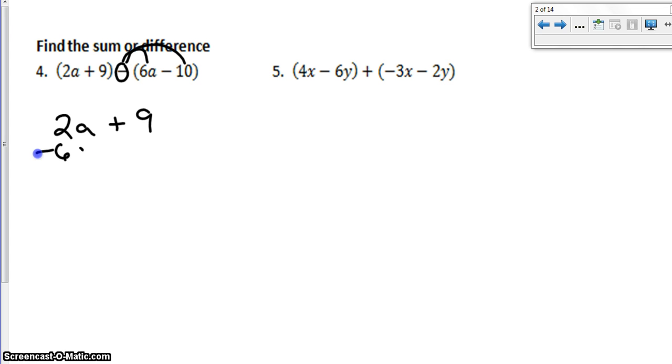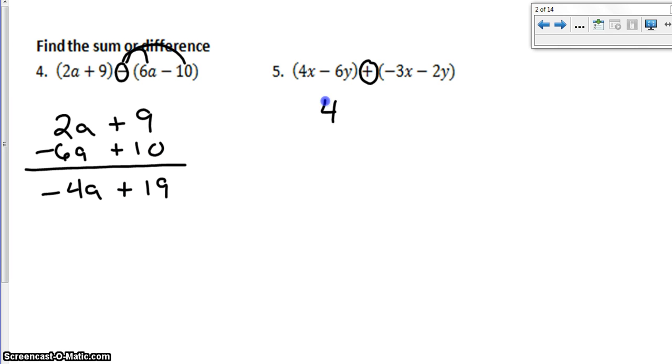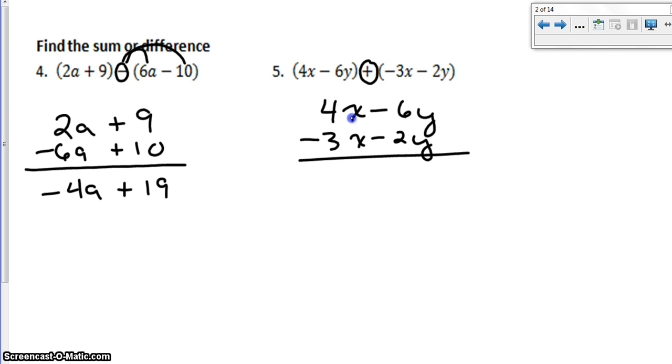So this would be negative 6a, positive 10. 2a, negative 6a is negative 4a, and 9 and 10 is 19. Because this is plus, we're just going to go ahead and combine 4x minus 6y, negative 3x minus 2y. Of course, 4x minus 3x is x. Negative 6y, negative 2y is negative 8y.